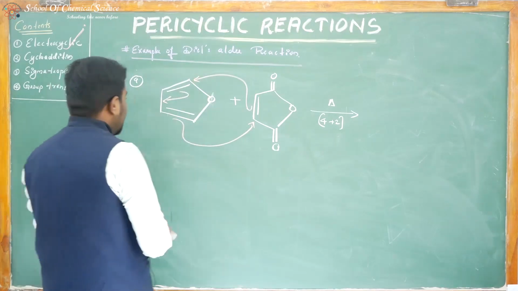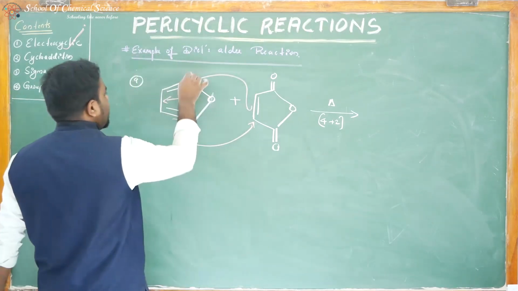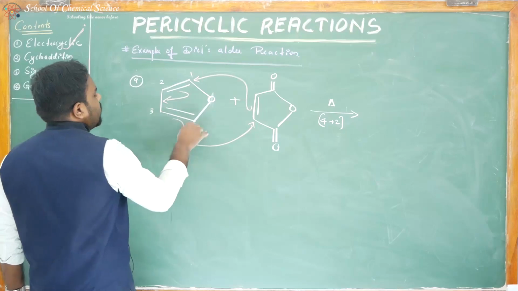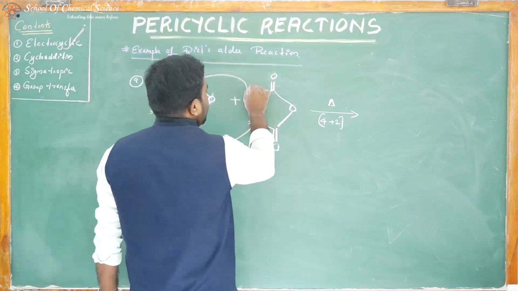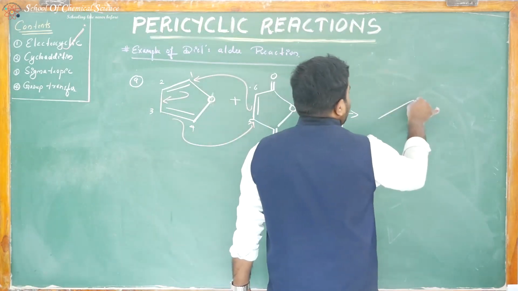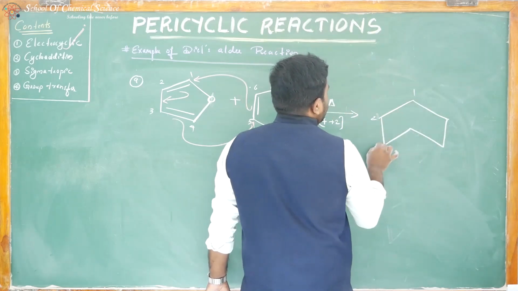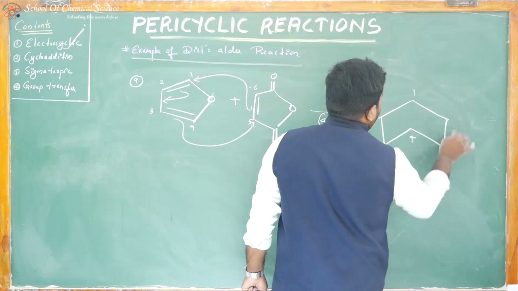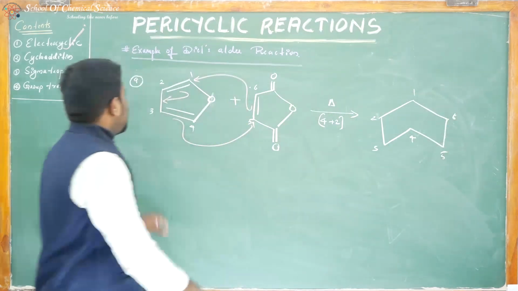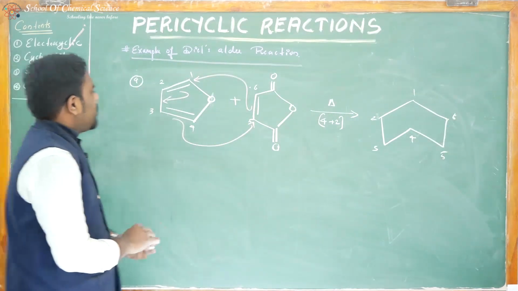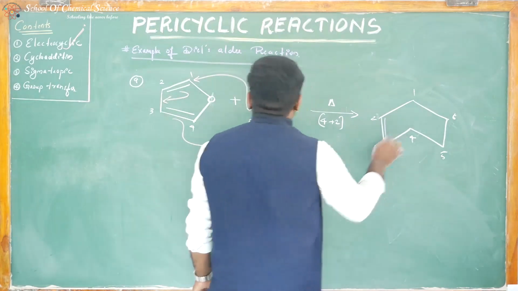A 6-membered ring is your product. 1, 2, 3, 4, 5, 6. That can be represented like this. This is 1, 2, 3, 4, 5 and 6. So between 2 and 3 a new pi bond is formed.